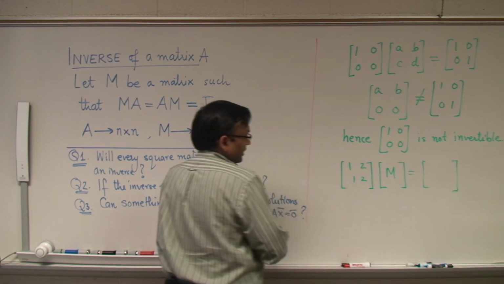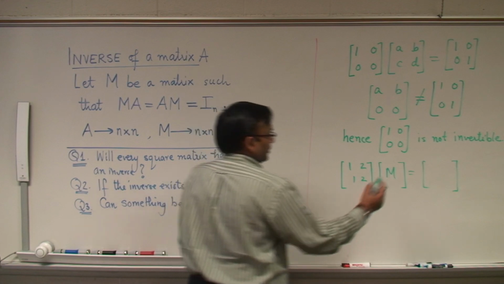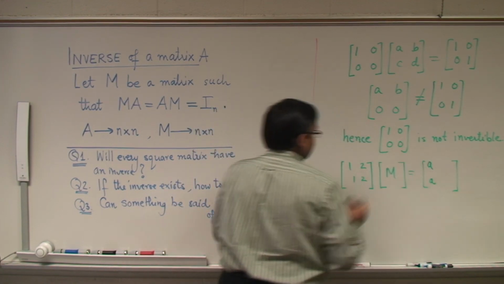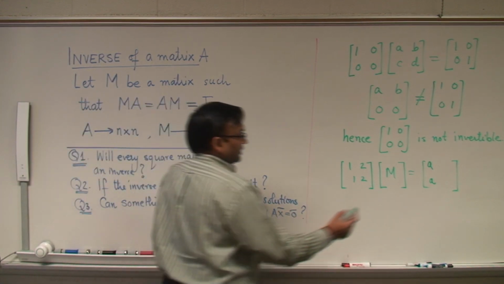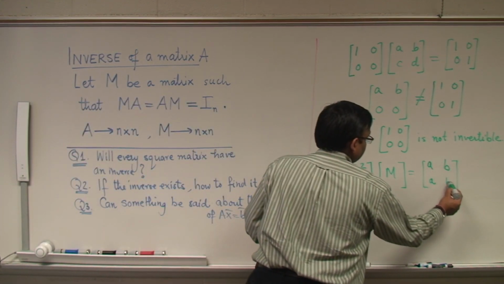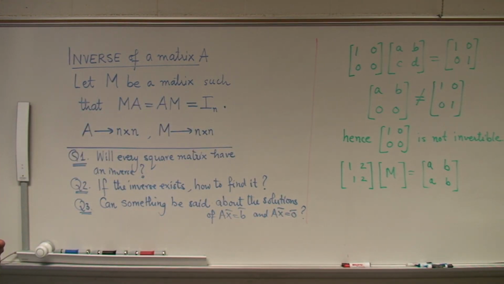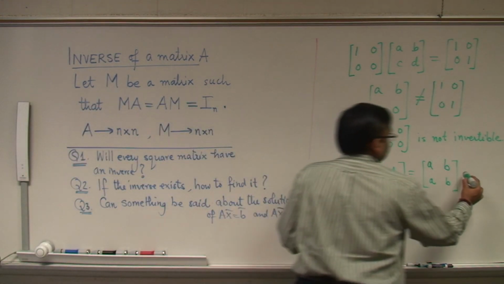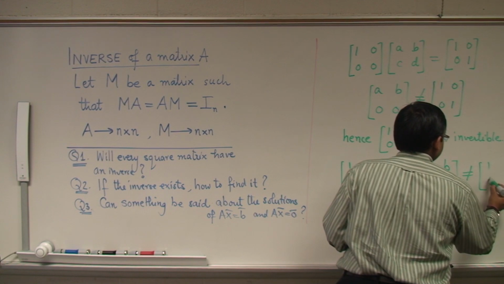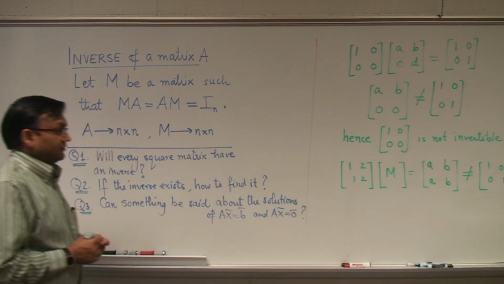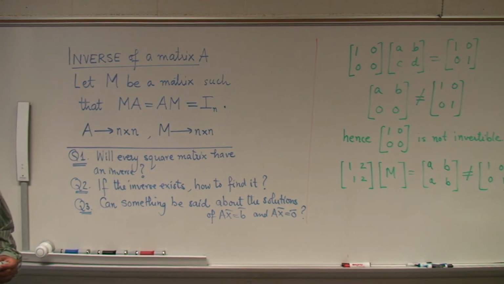Since both the columns are multiples of (1, 1), whatever I get over here would be a multiple of the vector (1, 1). Likewise, whatever I get over here would be a multiple of the vector (1, 1). And as you can check, this cannot be equal to the identity matrix. So even though you have non-zero entries everywhere, still this did not turn out to be the identity matrix.